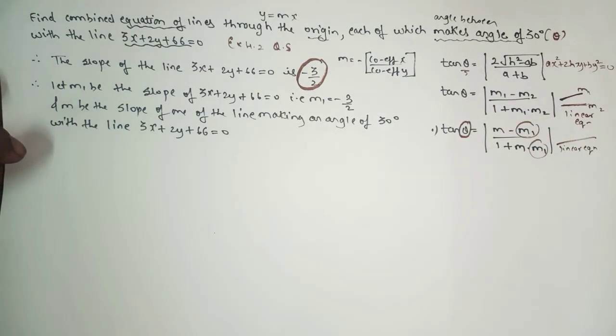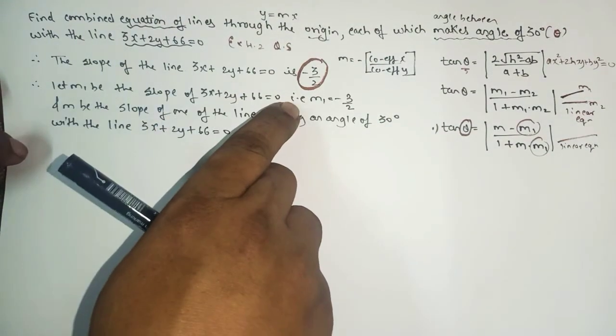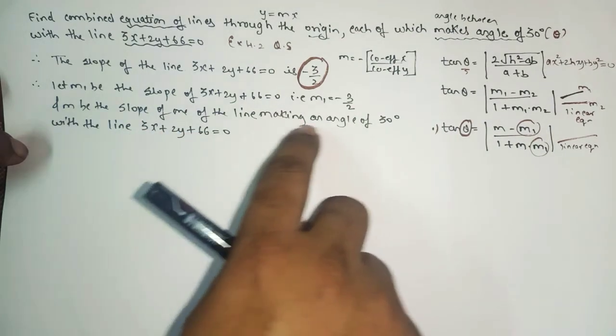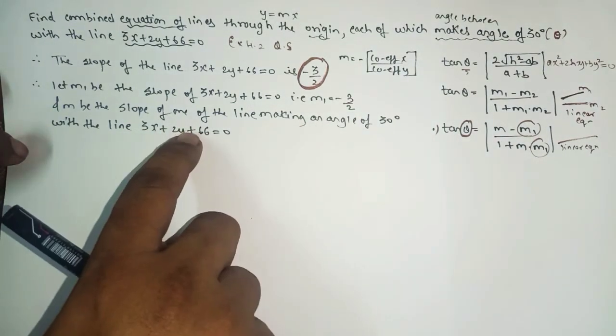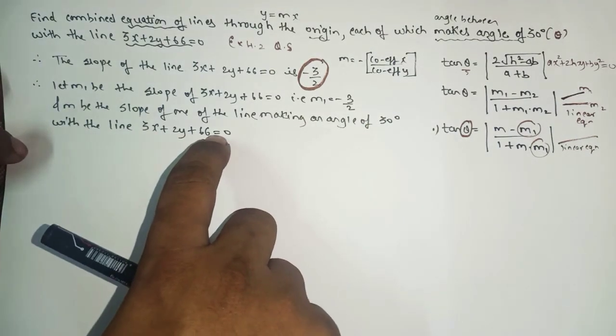Okay, so now from this equation we got M1. So let M be the slope of one of the lines making an angle of 30 degree with the line 3x plus 2y plus 66 equals to 0.